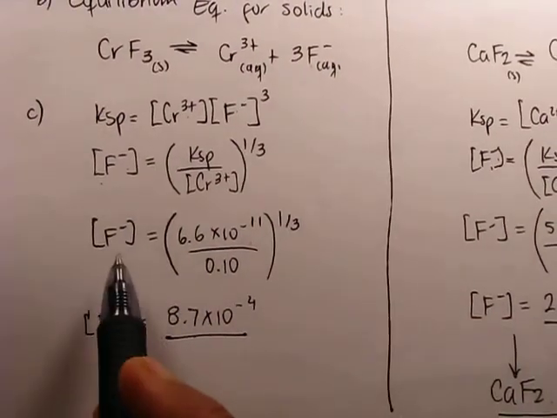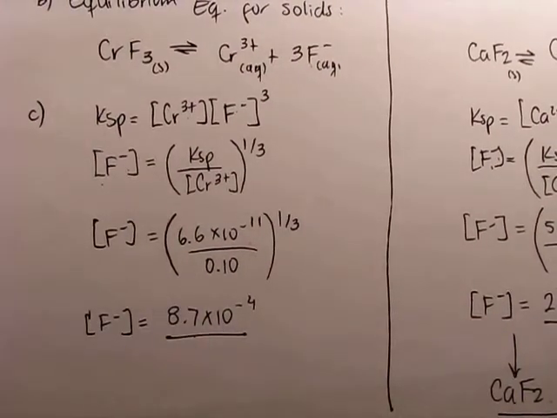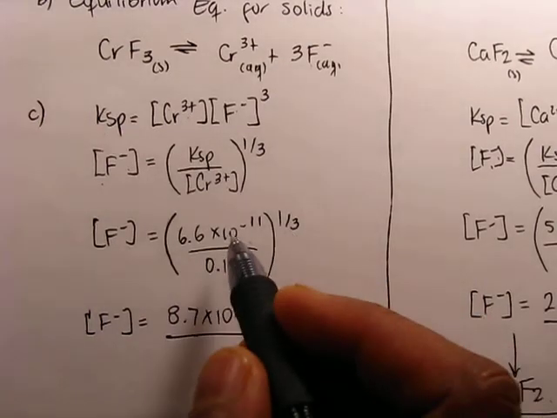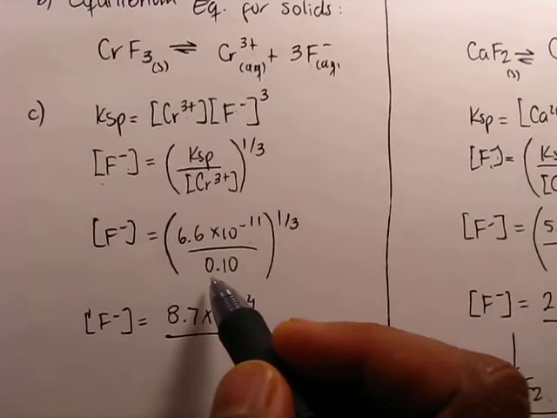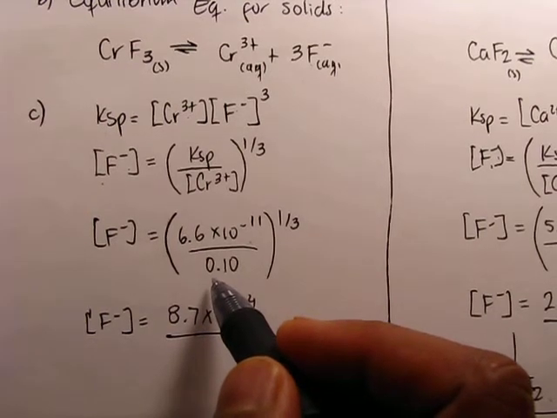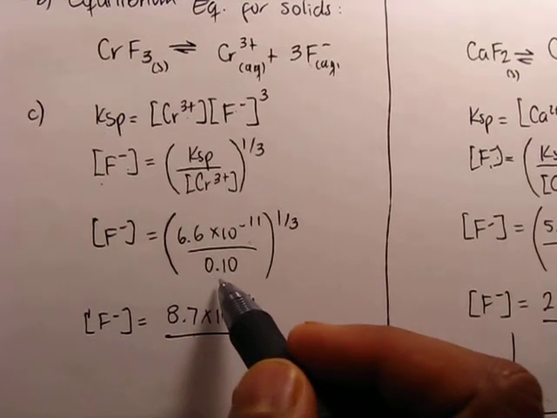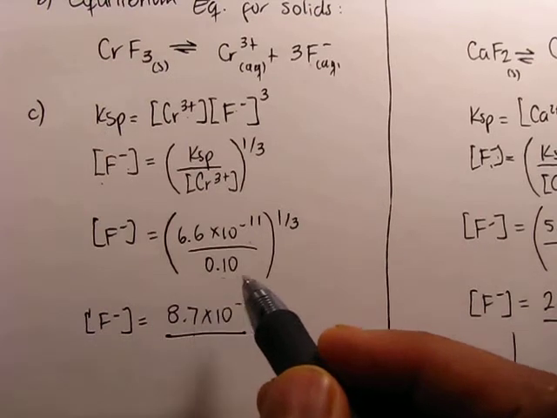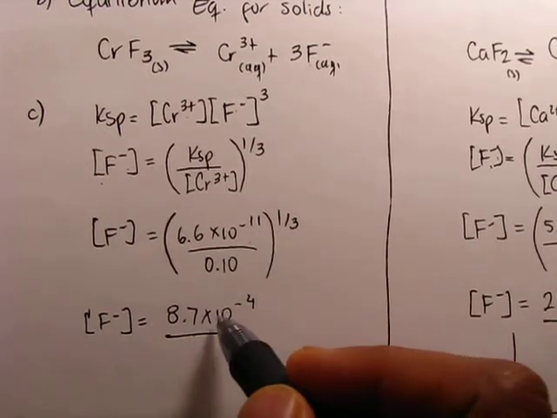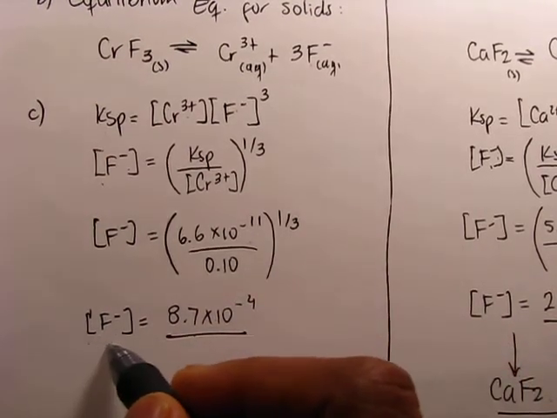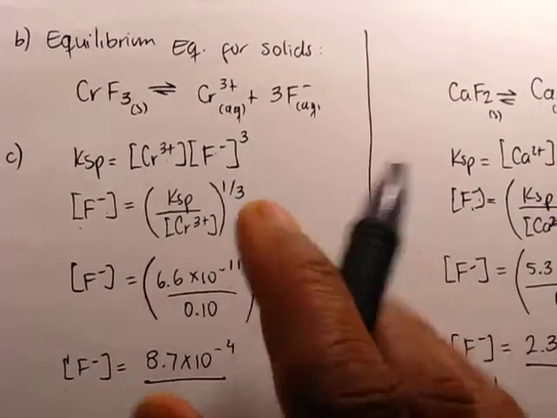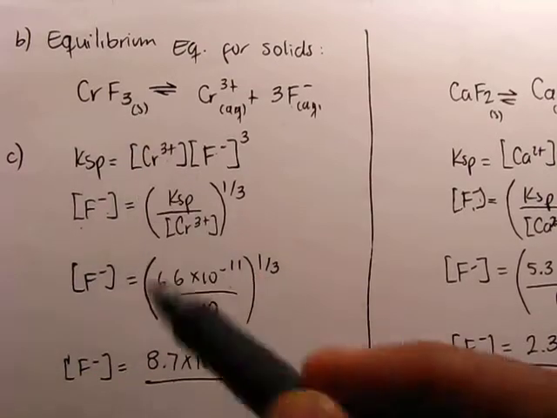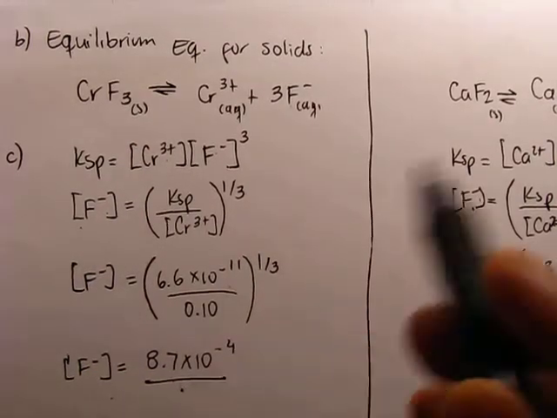The Ksp of chromium fluoride is given in the question, and the molarity of chromium nitrate is given. So we are going to plug these values in and find the fluoride concentration, which is 8.7 times 10 to the power minus 4. So that is the fluoride concentration for chromium fluoride.